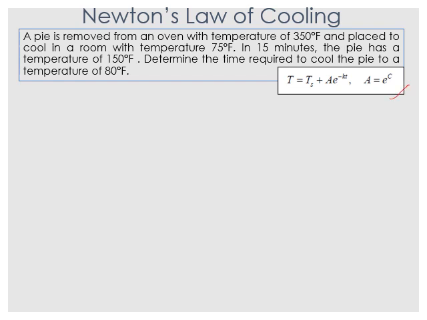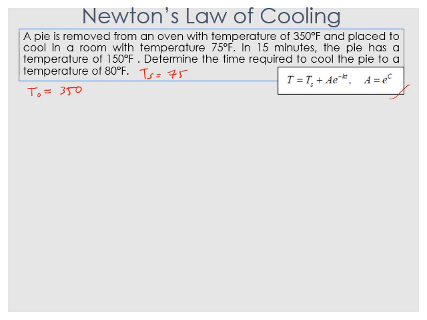First we need to find the A. How to find the A? We use the information that we have just now. Ts is equal to 75, and T naught is equal to 350.